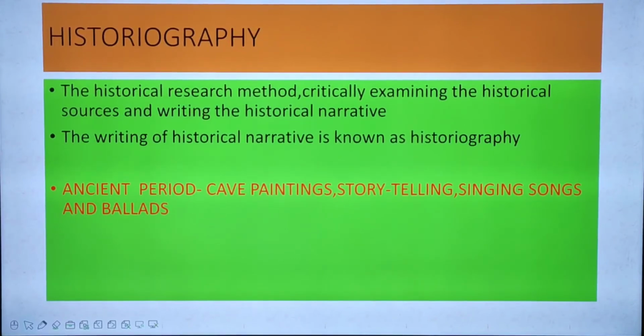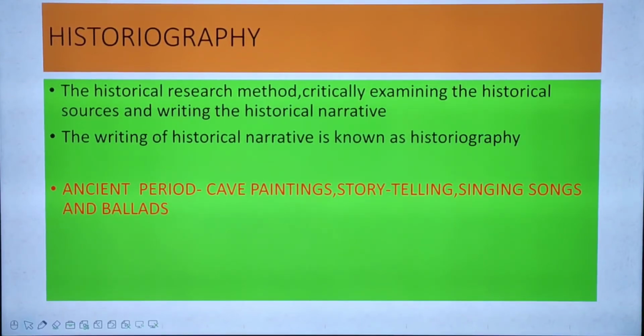So that is why it is said that you need to critically examine the historical sources and write the historical narrative. The writing of historical narrative is known as historiography.